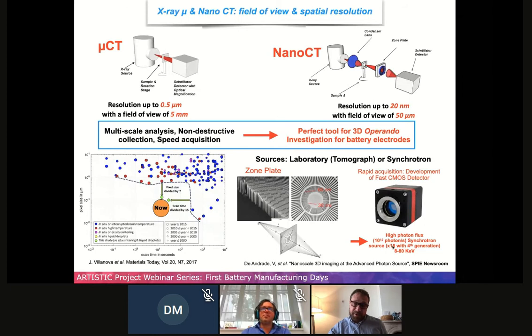And of course, there is now in France, especially with ESRF, development around the fourth generation of synchrotron, which provides a high photon flux. And this is very interesting, especially in terms of coherence. So all of this gives us perfect tools to make a multi-scale analysis, a non-destructive collection, and very fast acquisition. So it's a perfect tool for 3D operando investigation, especially for battery electrodes.